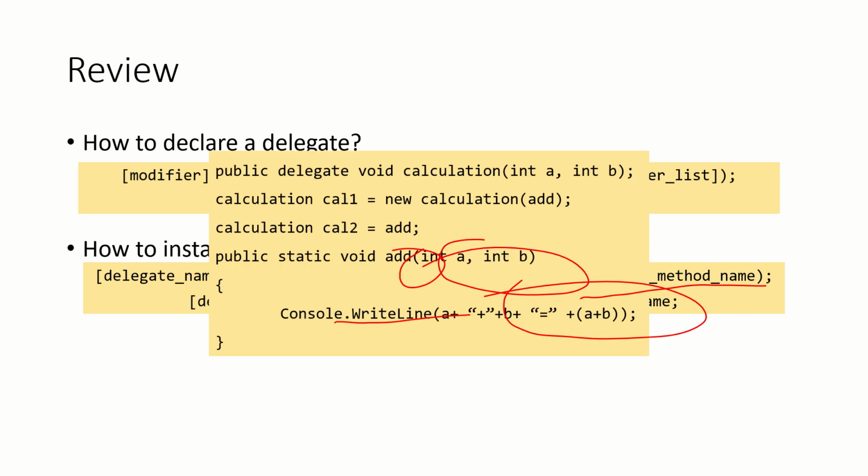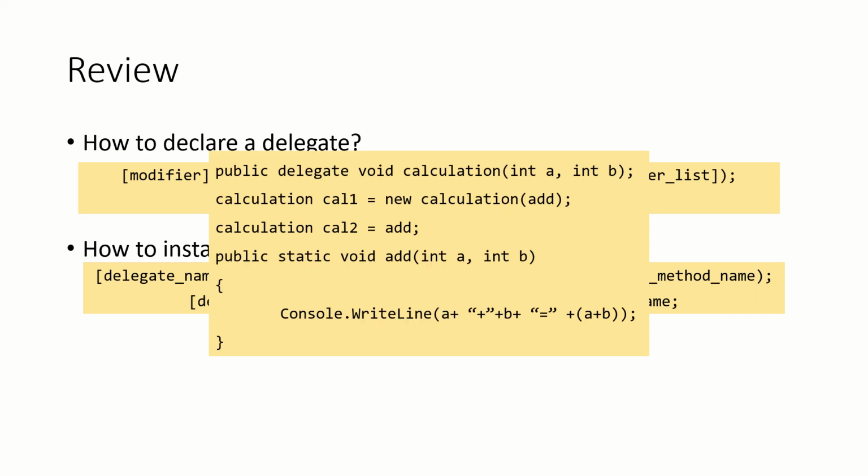Okay, a silly example. In this example, we have one delegate that returns nothing. Then you have two delegates you create, one called one and another called two. We use two different ways to initialize these two delegates. For one of them, you put this method add into the parentheses.